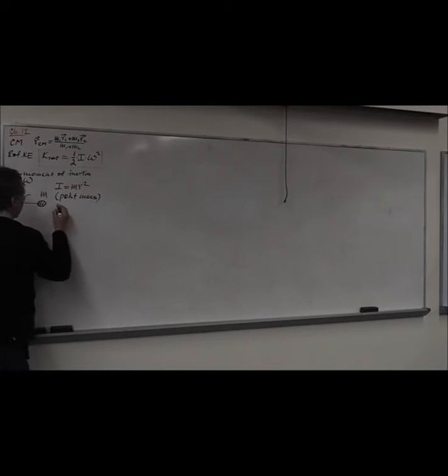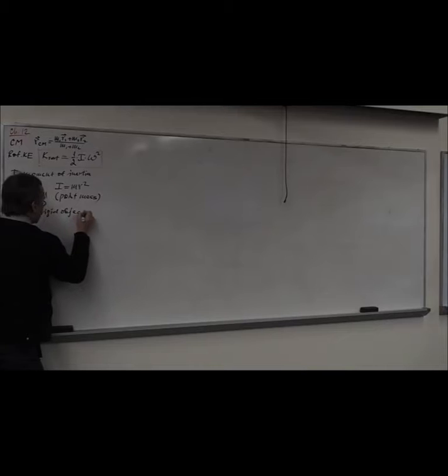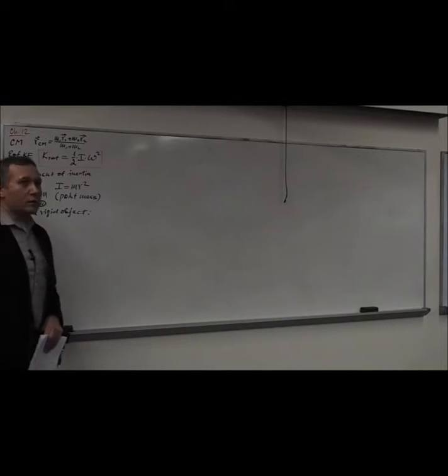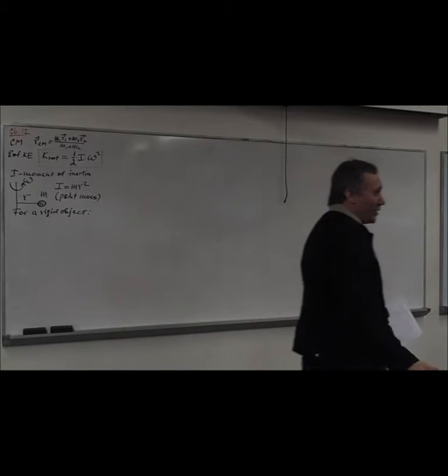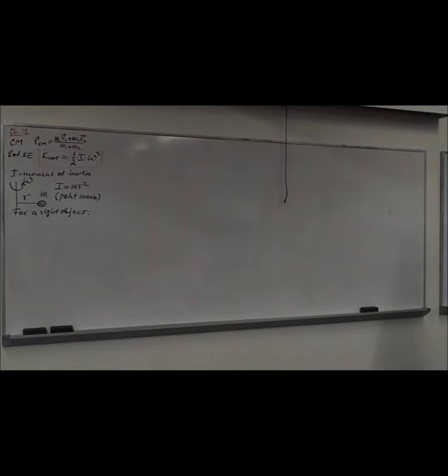And for a rigid object, table 12.2, but of course you're not going to have books on the exam. So whenever a moment of inertia for a rigid object is needed, of course I will give it to you in the problem, right? But of course you need to understand what is R in that formula, or what is L in that formula.